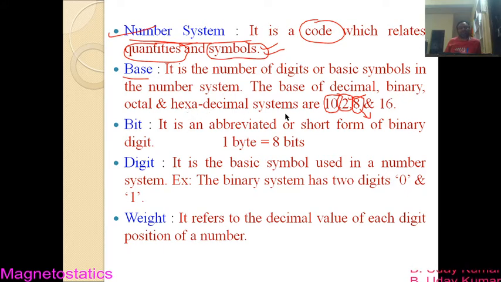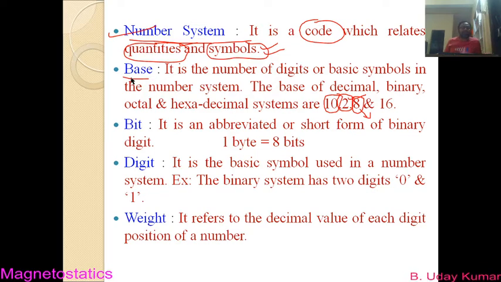But the hexadecimal system was having basic digits or symbols from 0 to 9, and the next A, B, C, D, E and F. So 0 to 9 becomes 10 digits, A, B, C, D, E, F becomes 6 digits. That means overall the hexadecimal system was having 16 basic symbols, and hence its base is 16.